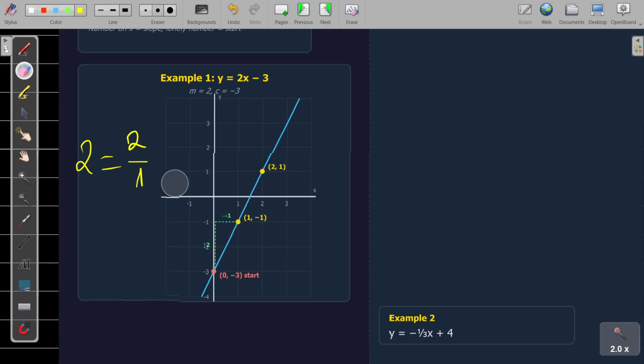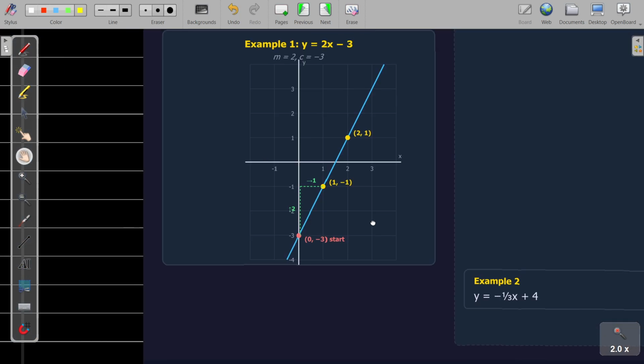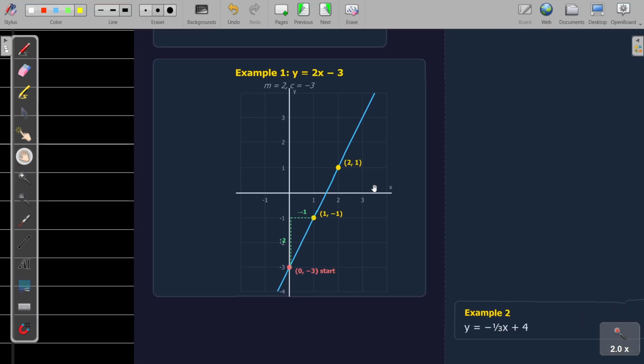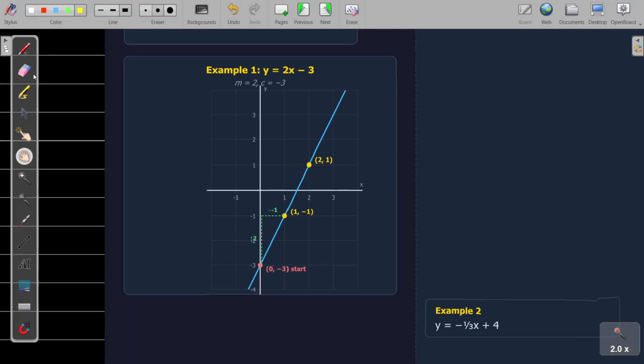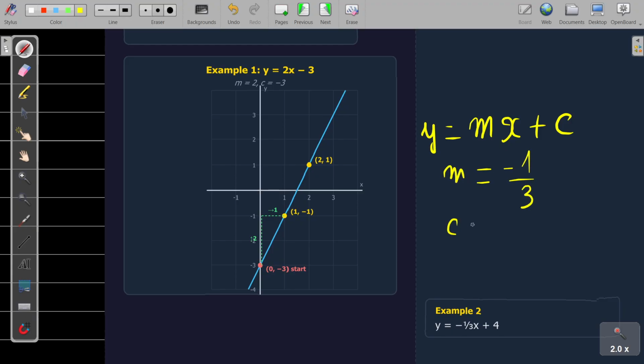For our next one, see if I have a table. No, we don't, so we just graph it on here. So let's just write it out. If we were to write the original form, y equals mx plus c, I just need to swap the values together. I have m would be minus 1 over 3, c would be 4.